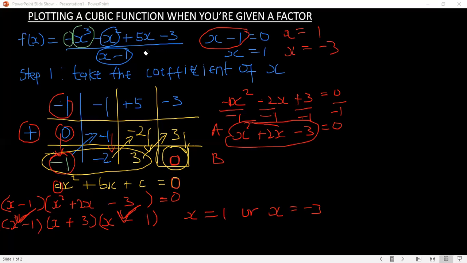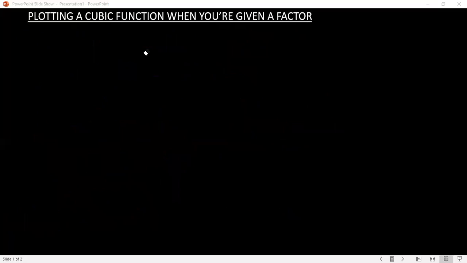These are our points of intersection, or x-intercepts. Okay, let me erase, guys. So our x was equal to -3, and our other x was equal to +1.